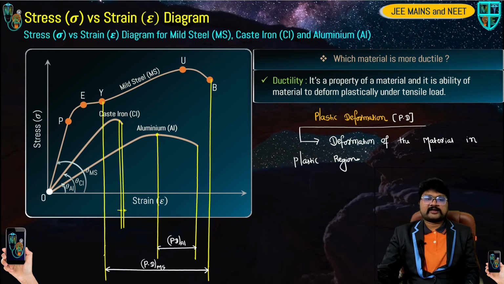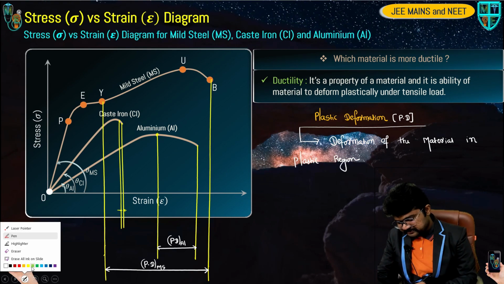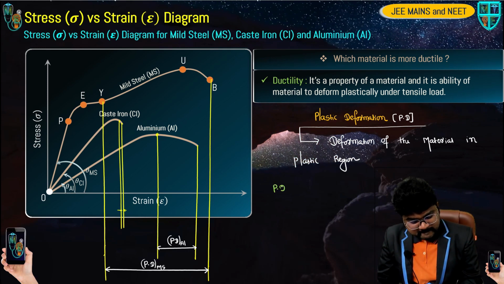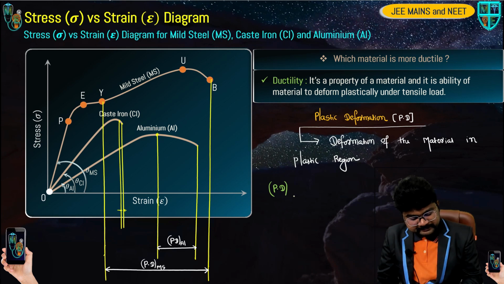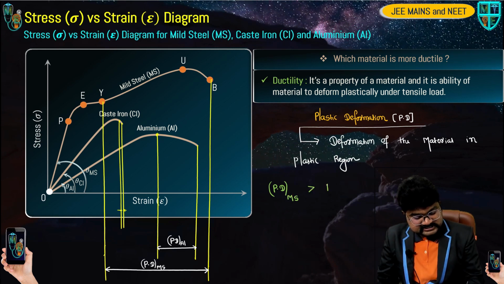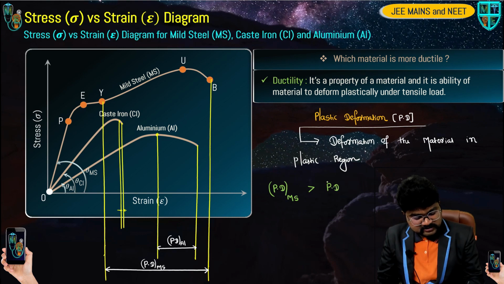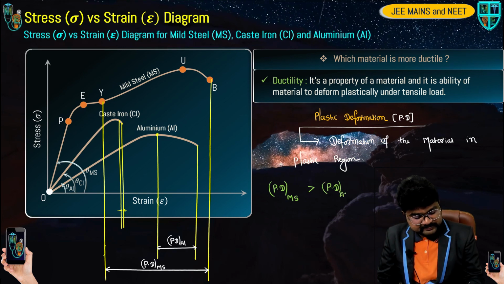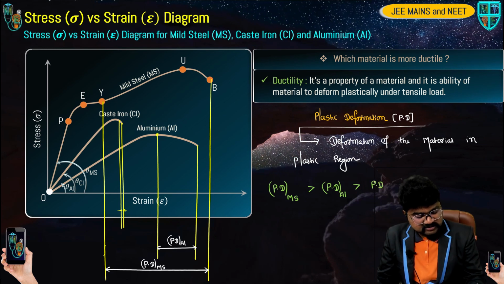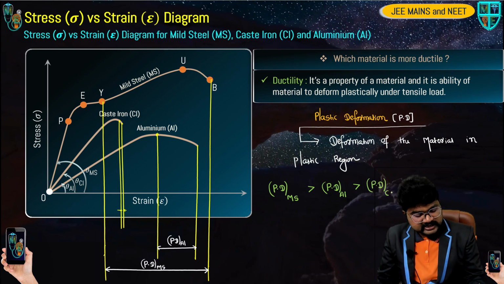So from the diagram you can easily say that the plastic deformation of mild steel is higher than that of aluminum, which is higher than the plastic deformation of cast iron.